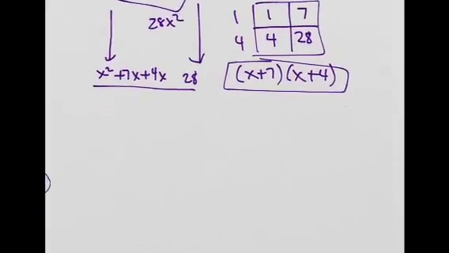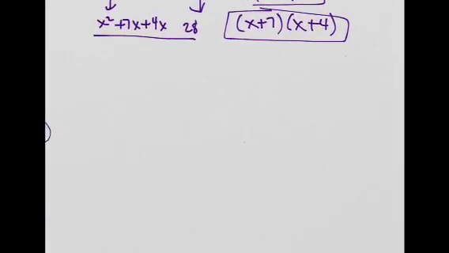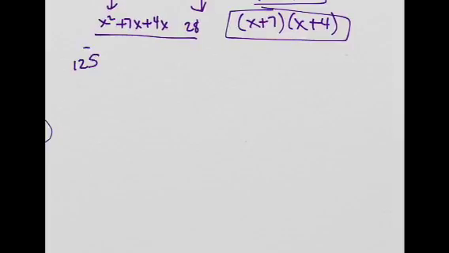Okay, and then for the next one, 125. Okay, now this is where the box method actually comes in more handy. The first two examples I could have done it without the box method. So 2x squared plus 11x minus 40.